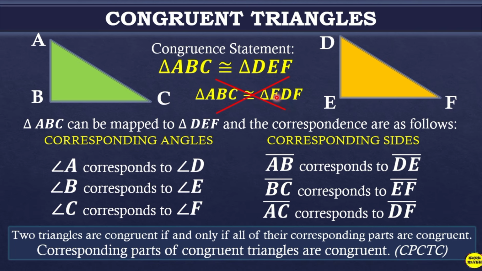So, kaya hindi po pwede na, importante po dito yung arrangement ng letters ninyo. So, hindi po pwedeng triangle ABC is congruent to triangle EDF. Hindi po pwedeng ganon. Okay? So, dun po tayo magkakamali. So, importante po yung corresponding angles and sides. That's why, kapag ito po ang congruent statement mo, mali po siya.